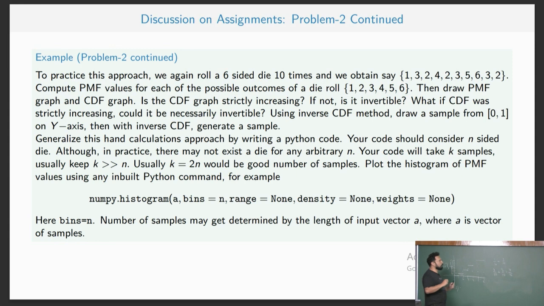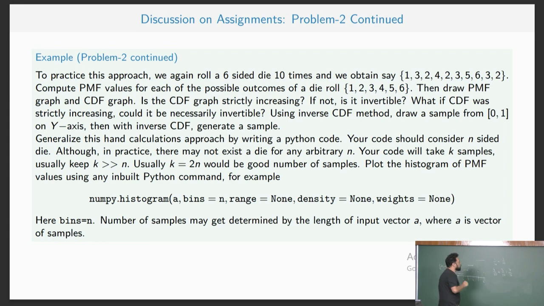Then you may use the Python inbuilt library, and you can go to numpy histogram, and let it plot the PMF values for you. The bins are n, and I guess A is the input vector.